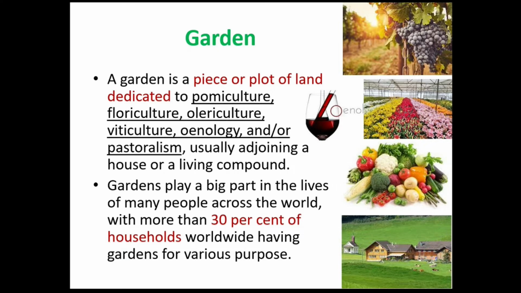So we can see pomiculture. Maybe we have some garden on land, an orchard, and we have various types of plants. Along with that, we grow fruits. Cultivation of fruits is nothing but pomiculture. And floriculture is the cultivation of flowers. Bangalore is one of the hubs for flower cultivation.